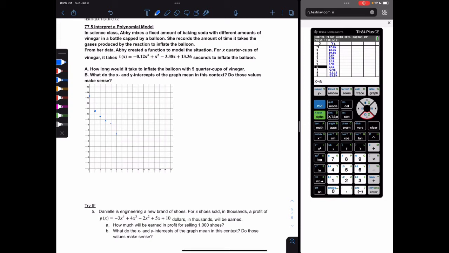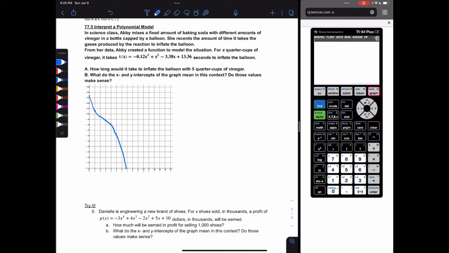And 6, 3.16. So somewhere here. And then 7 is negative 2. So we know it's going to cross somewhere in this range down here. Okay, we don't know exactly where. So let's just draw a little sketch of this. We'll connect these points. It's going to look something like that. If we go back to our graph, it's kind of accurate.